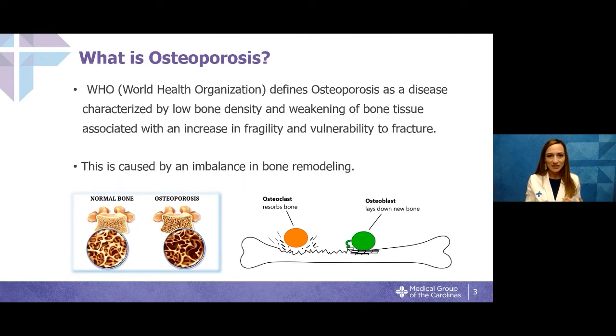And that's normal, that's natural. We want to get rid of old bone, we want to move in new bone. But the problem is when we get out of balance. That's where we end up with not enough builder cells and way more eater cells. And so it's kind of like having a net loss over time, where we just slowly start to lose bone material rather than keeping the status quo or having a net gain.